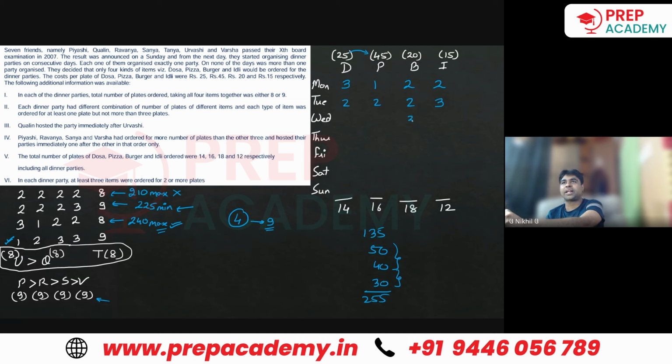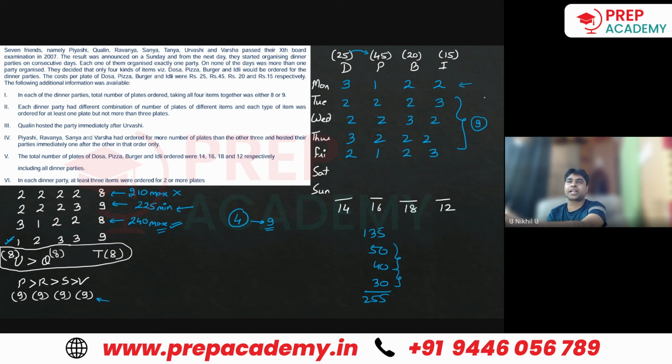Then I ordered 3 items here, 2, 2, 2, 2 here. Then I ordered 3 items here, 2, 2, 2 here, and then I ordered that 200 rupees item also. So for the 200 rupees item, what is the requirement? I need to order 3 items here, 2 and 2 here, and 1 here. With such a combination, these would be the 4 friends, P, R, S, and B, which ordered 9 items.